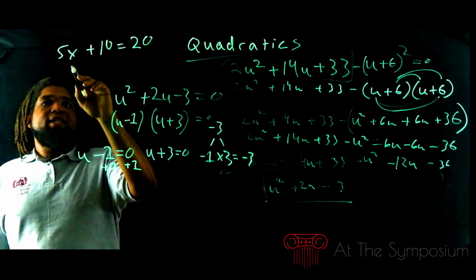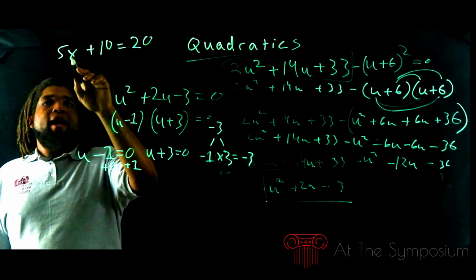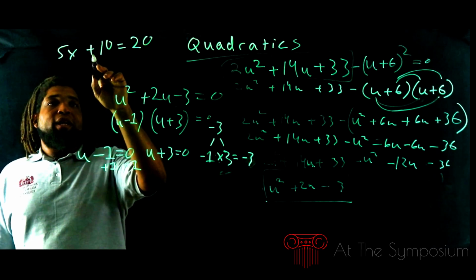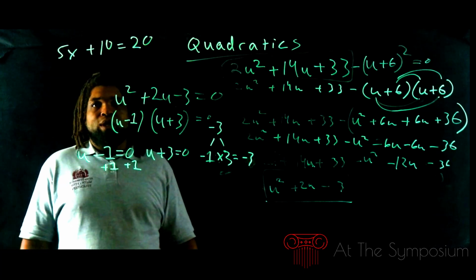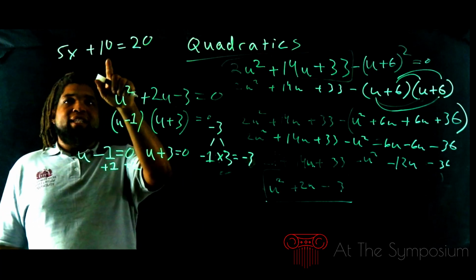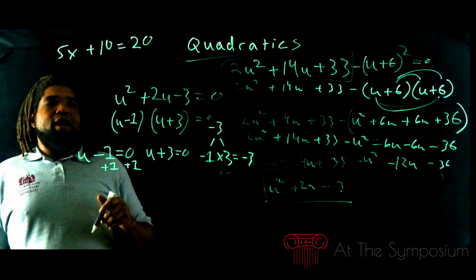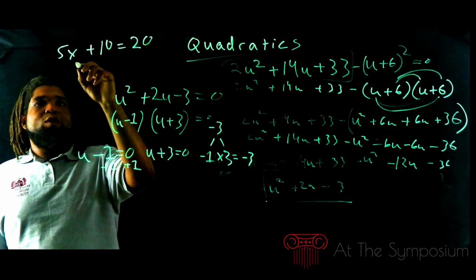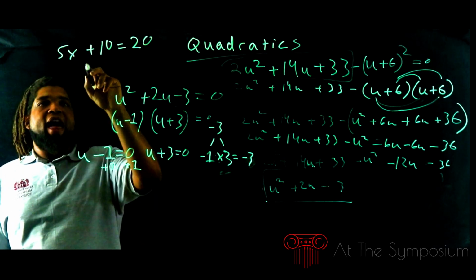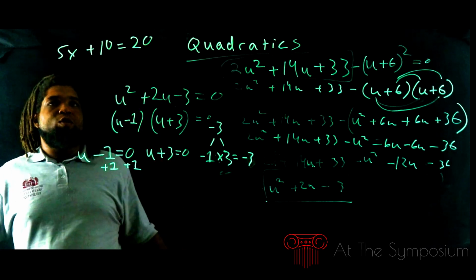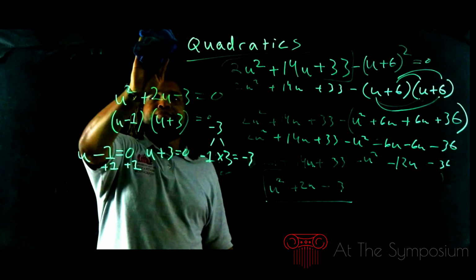What we're asking is what value times 5 plus 10 would give us 20. That x is a question mark: some value multiplied by 5 plus 10 gives us 20.